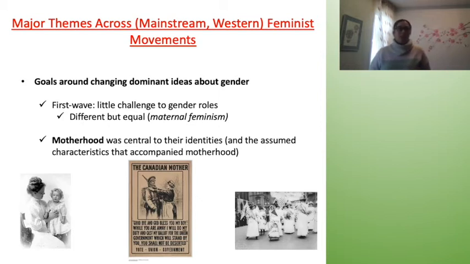So this issue of changing gender roles, and particularly changing gender roles related to the family and motherhood, is something that historians continue to investigate when we look at these early feminist movements, right? That motherhood remained at the center of expected identities, even among the women who were pushing for this change. These social movements still framed motherhood as central to their identities as women, and that was a difference that they had.